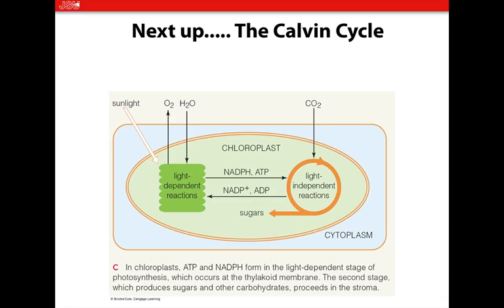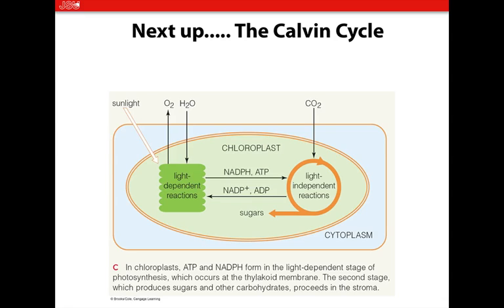What goes into the Calvin cycle? CO2, carbon dioxide. This is why plants breathe in CO2. They take it in and combine that with the energy in ATP and the hydrogens in NADPH to make carbohydrates, glucose primarily.